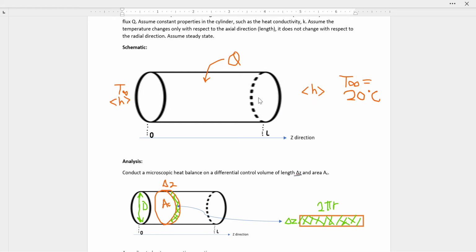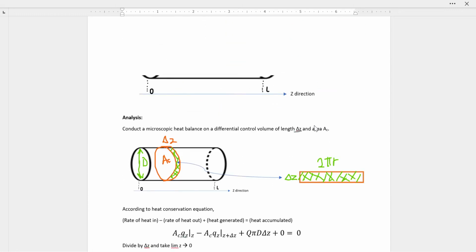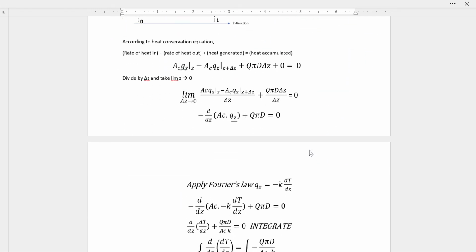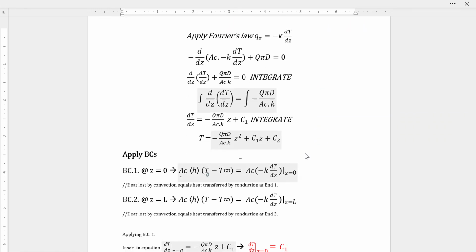So I can say that all of the heat escaping my cylinder at z equals L is equal to the heat transferred into the air by convection. The heat lost by conduction over here is going to equal the heat transferred to the air by convection. Now let me translate that back into my boundary conditions.